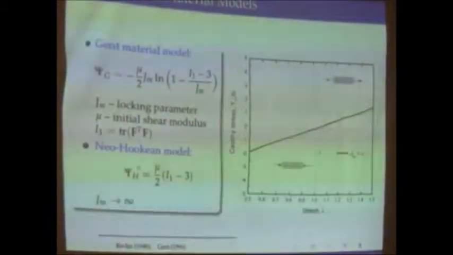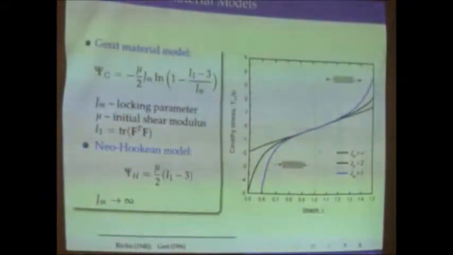And the difference between them, just to illustrate it here, are these stress-stretch curves. This one is for the Neo-Hookean model, still nonlinear, but without very pronounced stiffening. But once we increase the locking parameter, we can observe and obtain these stiffening effects.